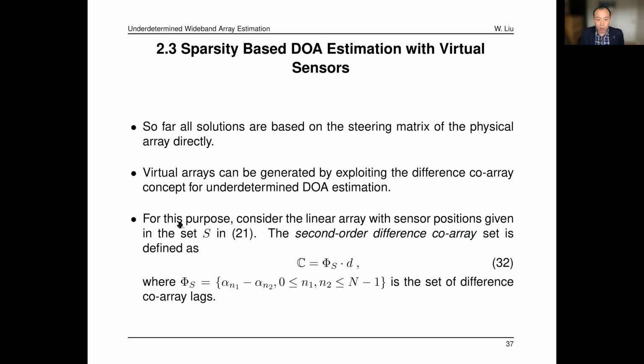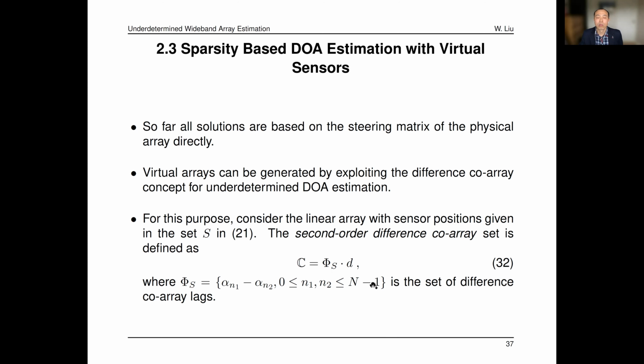Consider a linear array with a set S of locations: alpha 0 D, alpha 1 D, alpha 2 D, and so on. Then the second order difference coarray set is defined as follows. Basically, you take the difference between alpha n1 and alpha n2, where n1 and n2 range from 0 to big N minus 1.